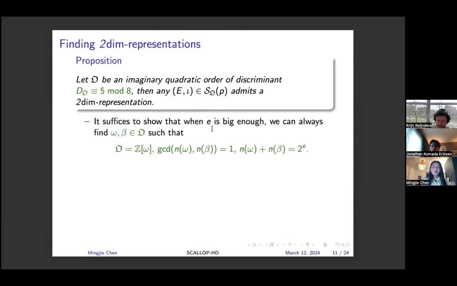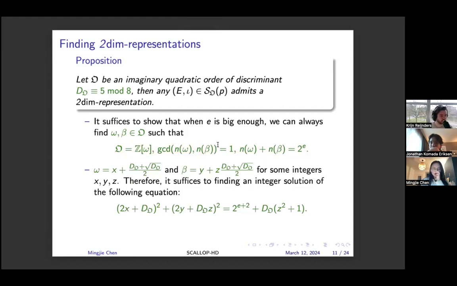It suffices to show that when e is big enough, we can always find omega, beta in O that satisfy the following conditions, which were required in the definition. Let me repeat here. First, omega is a generator, and the norms are coprime, and the sum of the norms is a 2 power for some e.